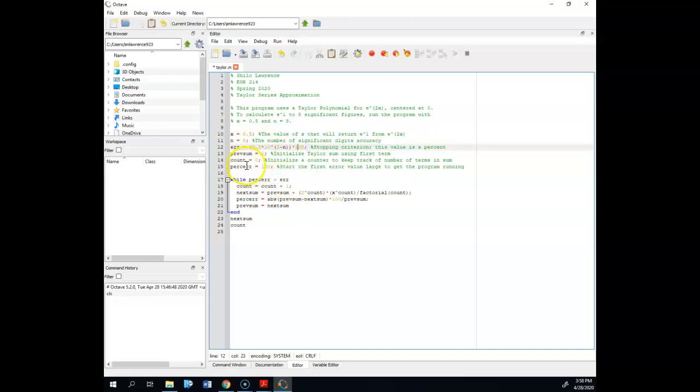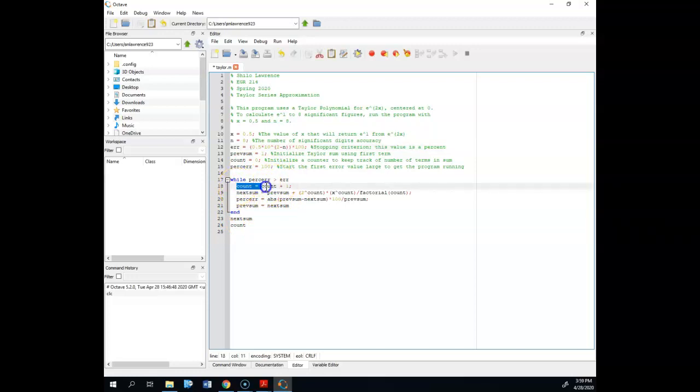So if our percent error is greater than our acceptable error, then I need to add additional terms to my Taylor sum. So the first thing I'm going to do is add to my counter. This counter tells us what degree polynomial was required to come up with the approximation, and it also tells us how many times we had to perform this loop to get to that value.